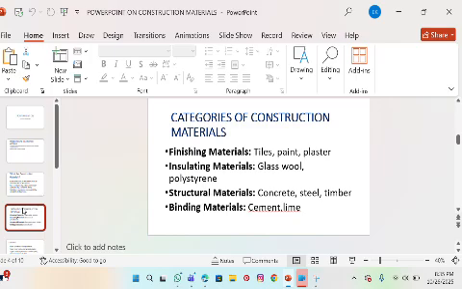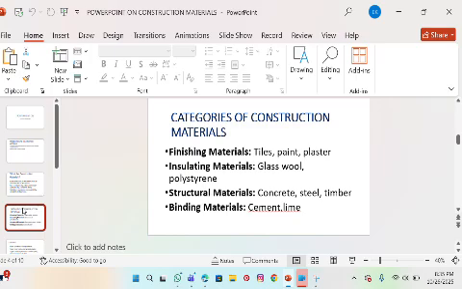We also have the insulating materials, that is glass wool and polystyrene. These are used to prevent sound or heat from getting into the construction project.